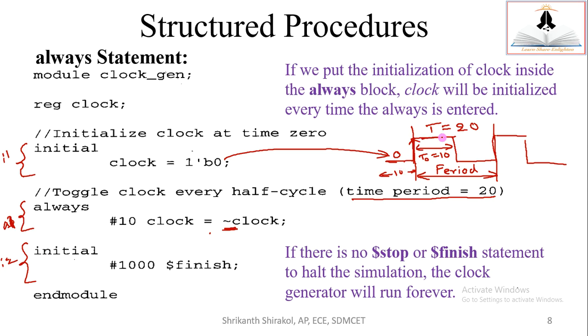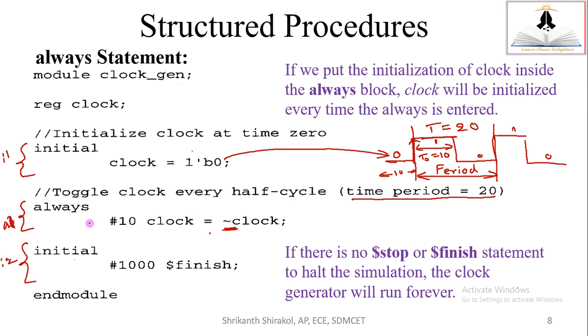So it is 0, it will become 1. Now again after 10 time units, it is an always statement, so it will execute. After 10 time units again, now the clock value is 1, so it will toggle again. It will go to 0. After 10 time units, again it will toggle. It will go to 1. Again it will toggle. It will go to 0. So it will continue. So this is how the always statement will work.